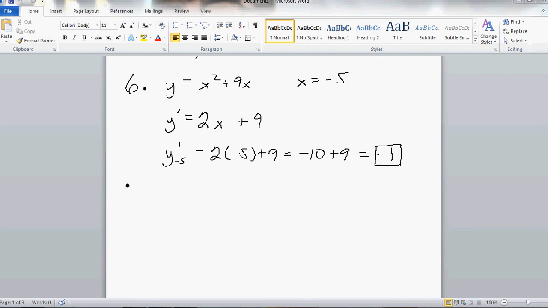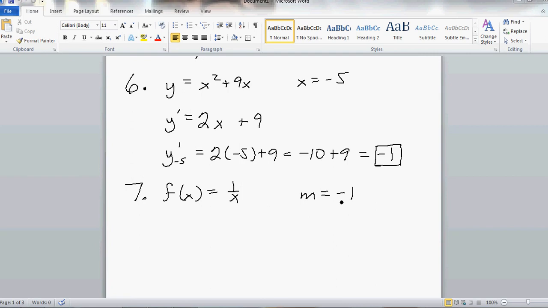Okay, example number 7. Example number 7 says find the equations of all tangents to this curve, f of x equals 1 over x, that has a slope of negative 1. So in other words, m equals negative 1, and we have to find all of them.